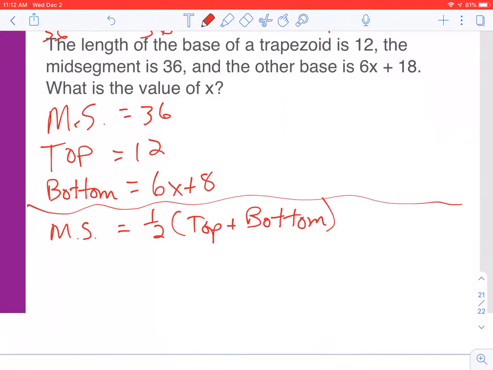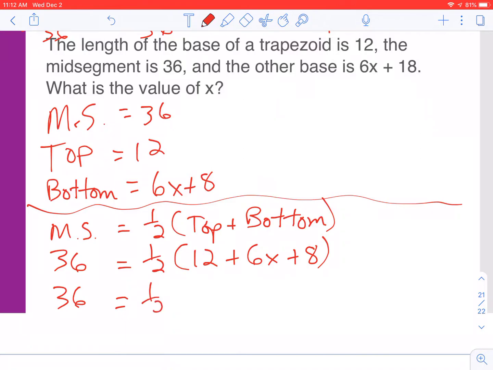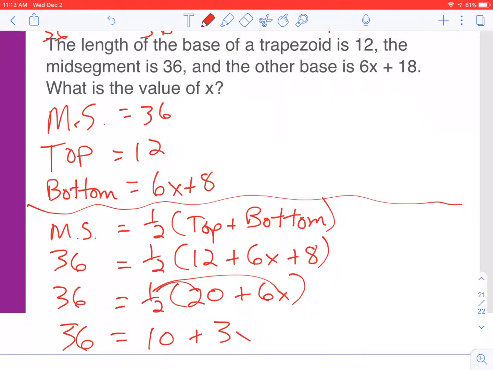All right, we plug it in. We get 36 equals 1/2 times 12 plus 6x plus 8. We're going to combine like terms. 1/2 times 20 plus 6x. And now I'm going to distribute my 1/2 equals 10 plus 3x.